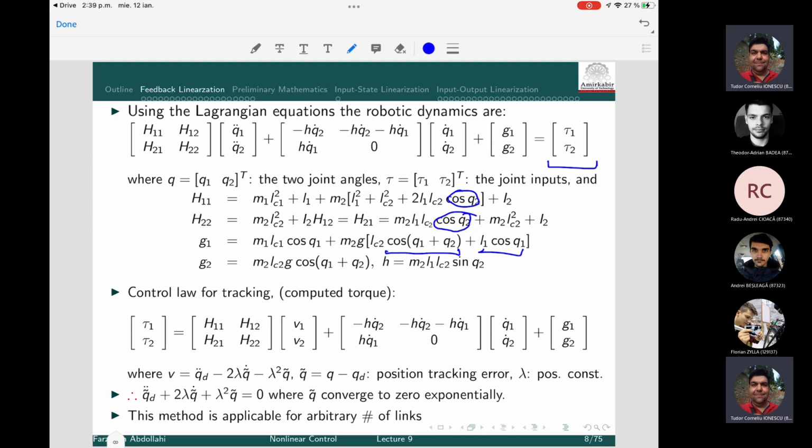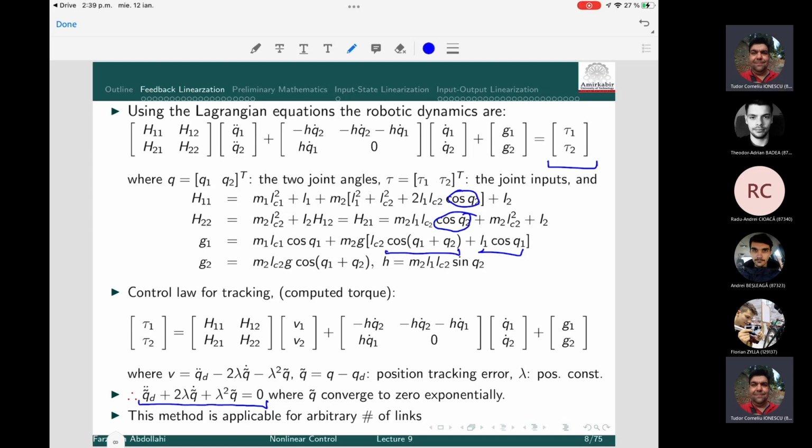Q tilde satisfies this second order differential equation, with Q tilde converging to 0, because if you take the Laplace transform of this linear second order equation, you get a second order polynomial with all the coefficients positive. Hence, this yields a Hurwitz polynomial. So this is stable.